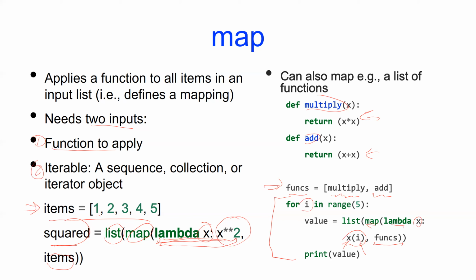I hope you see that, because this x is each element inside this list, which contains two elements. So the first time the x will take multiply, then multiply parenthesis i. You see that?